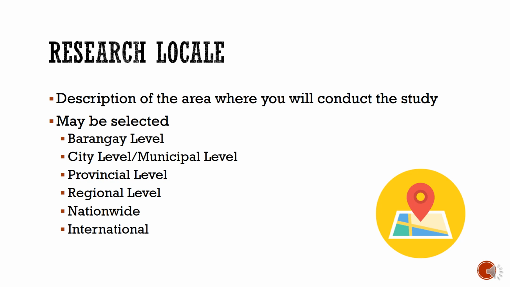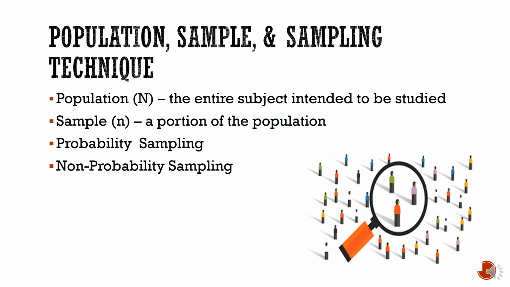So in terms of hierarchy, depending where you are located, you start at the barangay level, city or municipal level, provincial level, regional, nationwide, and international. Of course, it would be easier to start from the barangay level. So depending on your panel and depending where you're located, you should choose your locale based on importance.